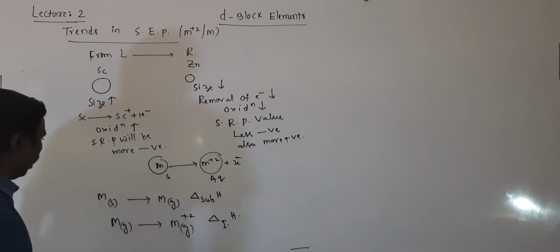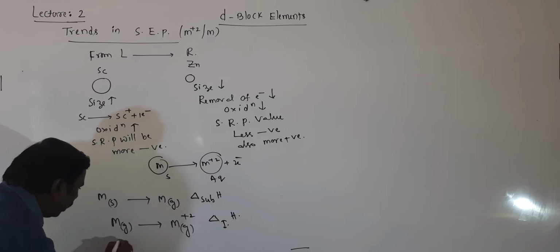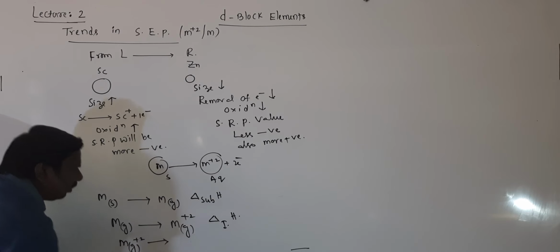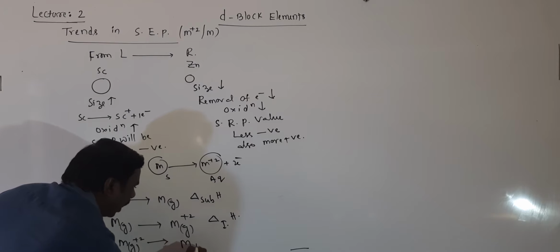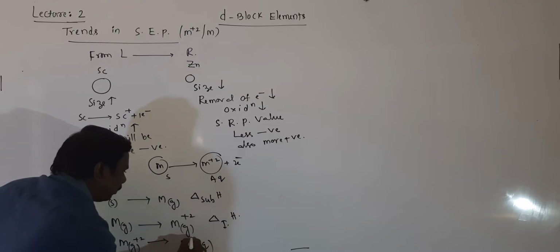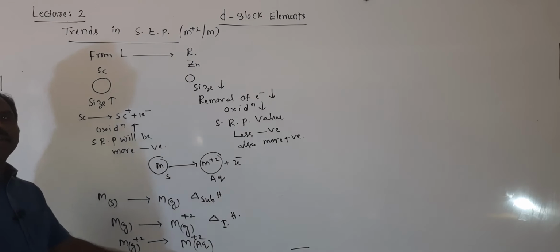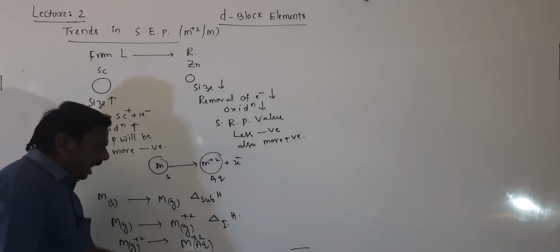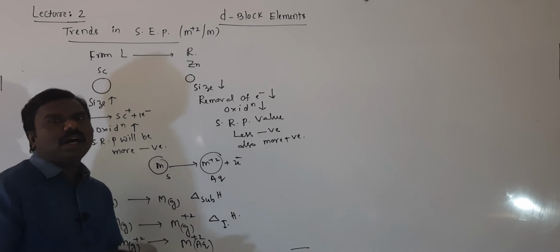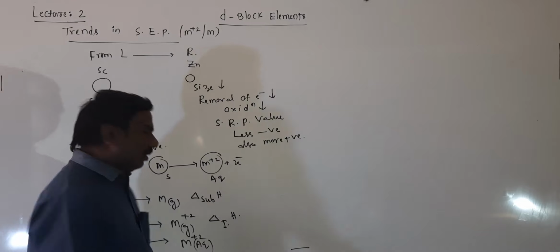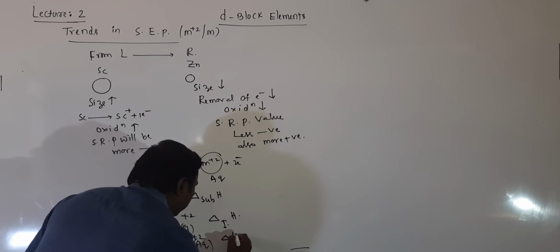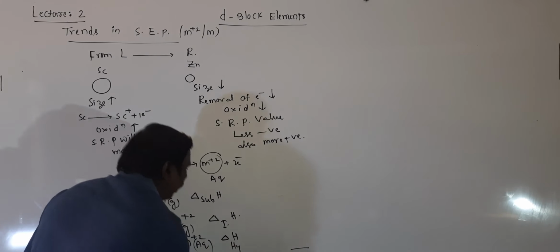Next, M2+ gaseous is converted to M2+ aqueous. Water is added, and the amount of energy released by hydration is called enthalpy of hydration.